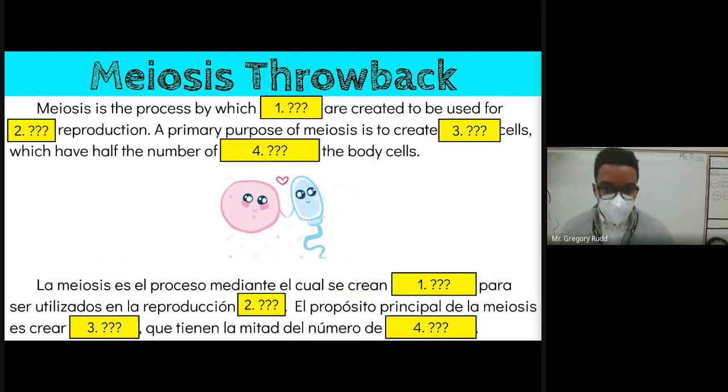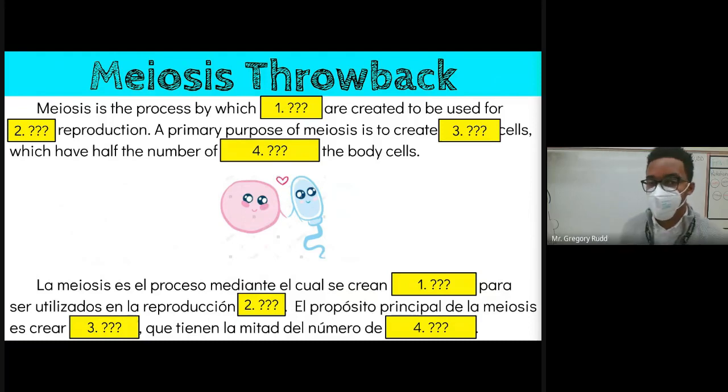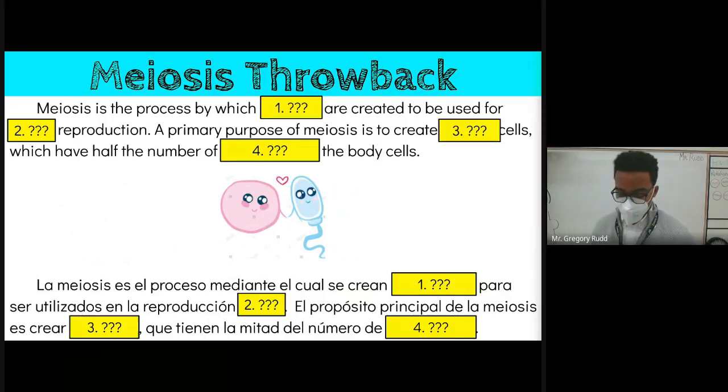That's why we keep notebooks, so that we can refer back to whatever we're writing down. Does anybody remember what is created by meiosis?